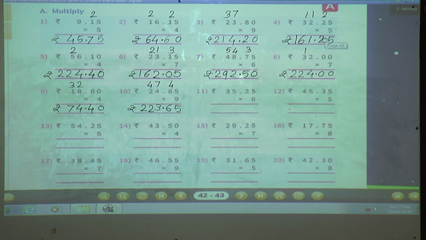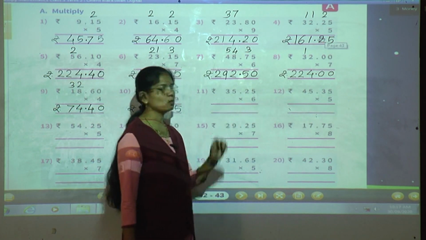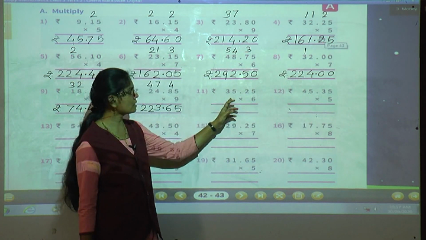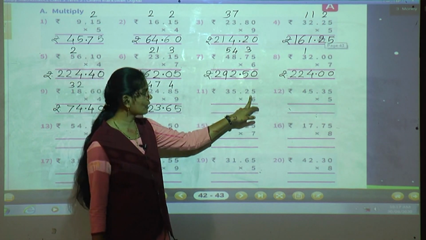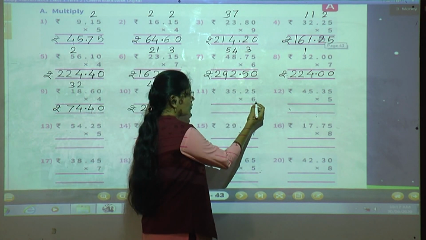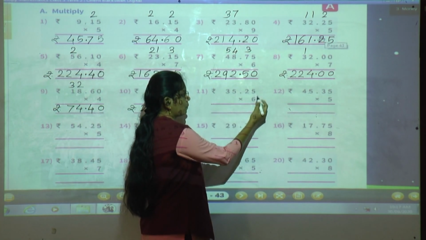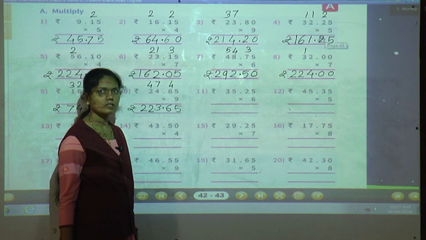Clear, this 10th example? Okay, now we'll move to the next example, that is the 11th number. Rupees 35.25 into 6. Start from the ones place, from the right side. 6 into 5, 6 5s are 30.